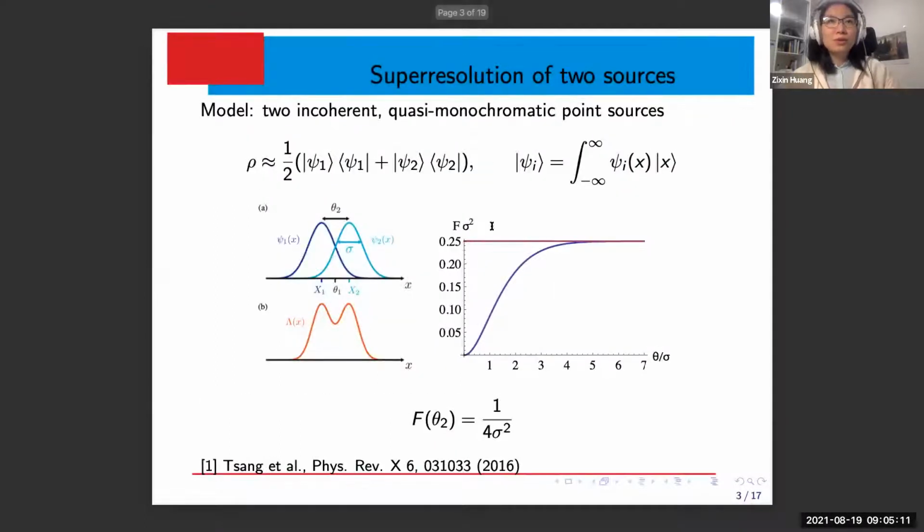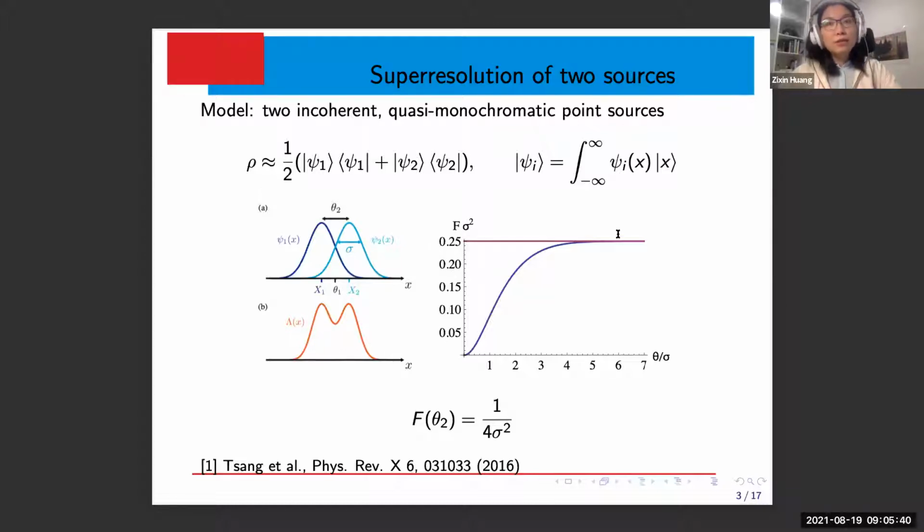Okay, so now if the goal is to resolve the distance between these 2 point sources, from estimation theory, if you're doing classical imaging, then what is called the Fisher information drops to 0 as the separations become close. So this practically characterizes the precision you can achieve by measuring this parameter.